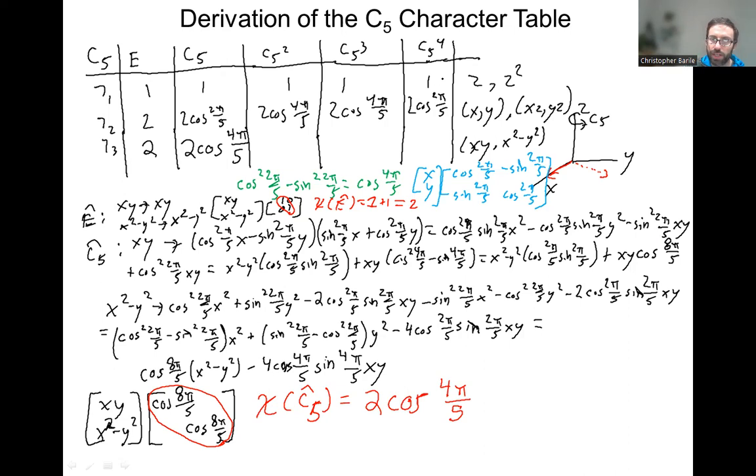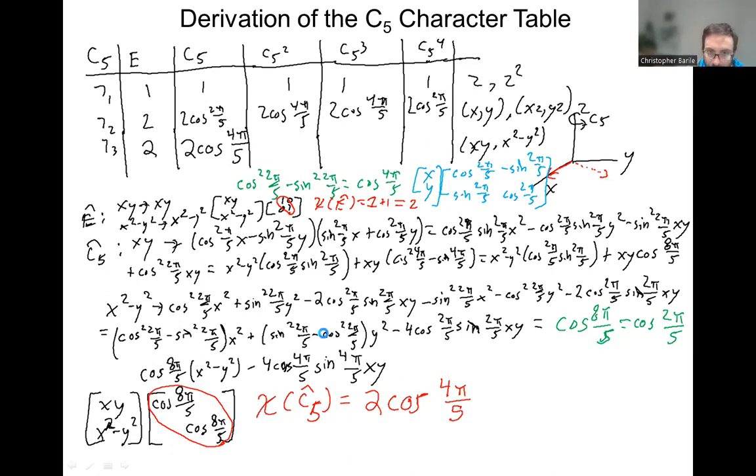But if you remember what we did over here, we had one of these other trigonometric relationships which said that cosine of 8 pi over 5 equals cosine 2 pi over 5.